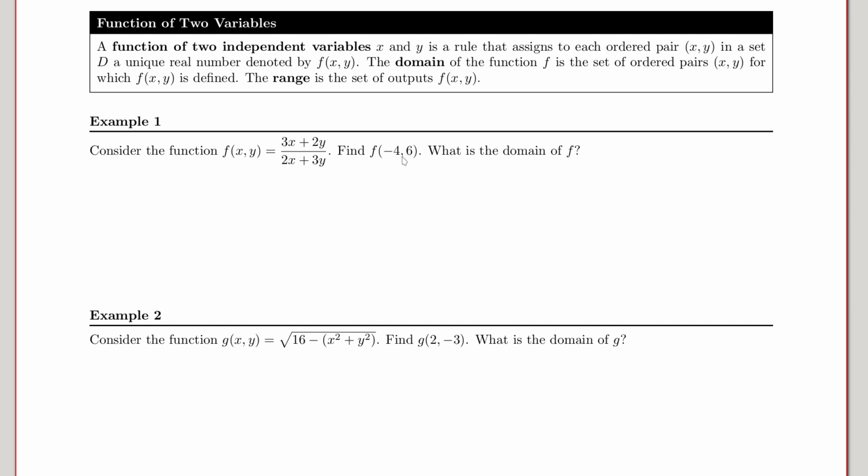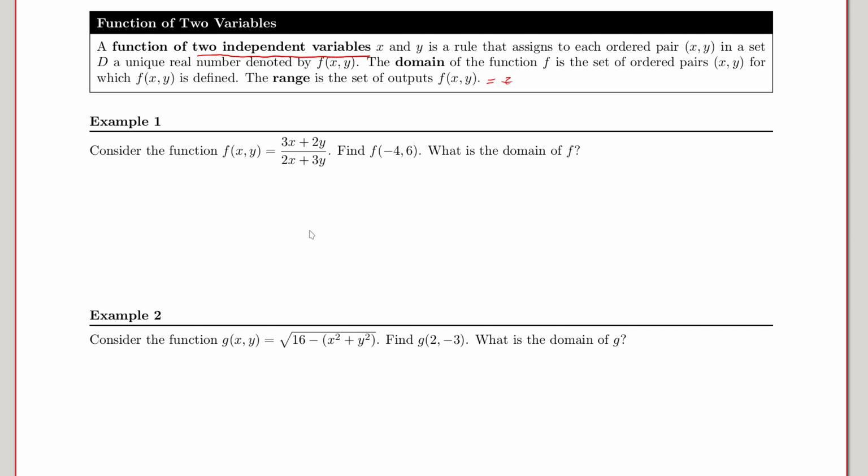Function notation works the way you think it would. The difference now is you have two independent variables, x and y, that are being plugged into a function to output some z value, or f(x, y). So it really is very similar to what you've seen in the past. There's just more independent variables.